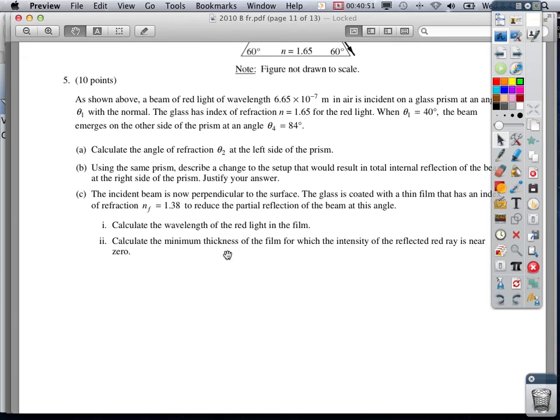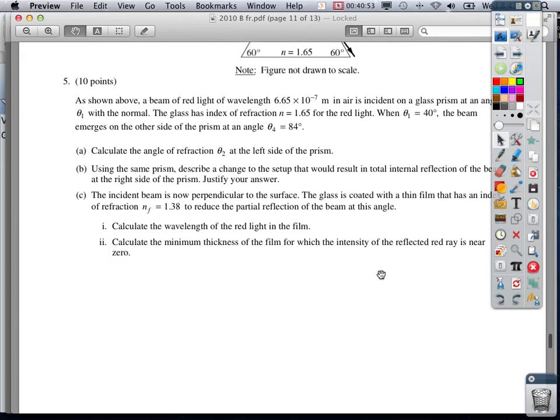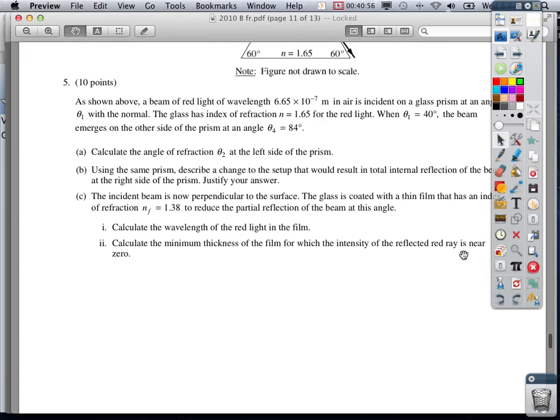Okay, then calculate the minimum thickness of the film for which the intensity of the reflected ray is near zero. Intensity near zero. What does that mean? What does that mean, Brian? Intensity of light is near zero. You have no idea what that means. Stop thinking about physics.